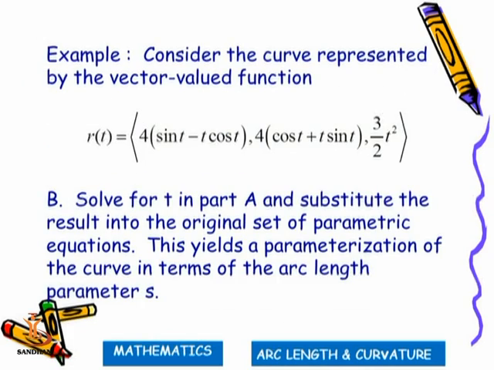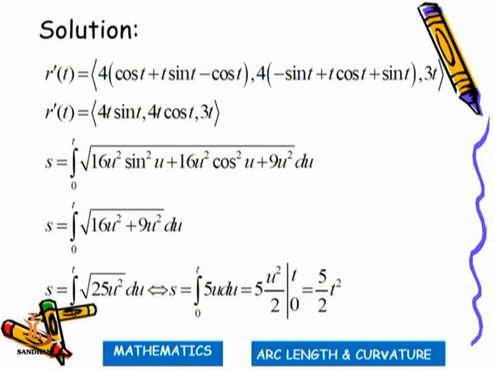So, t sin t minus cos t, comma 4 in the bracket minus sin t plus t cos t plus sin t, comma 3t. Simplify this, we will have r dash t is 4t sin t, comma 4t cos t, comma 3t.